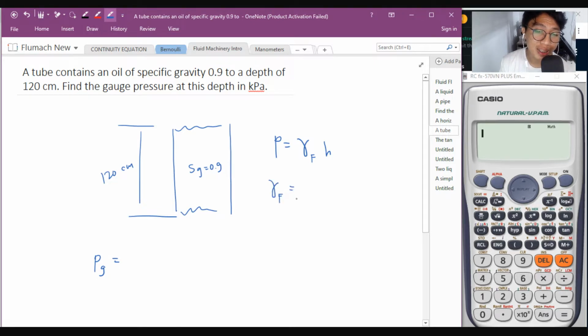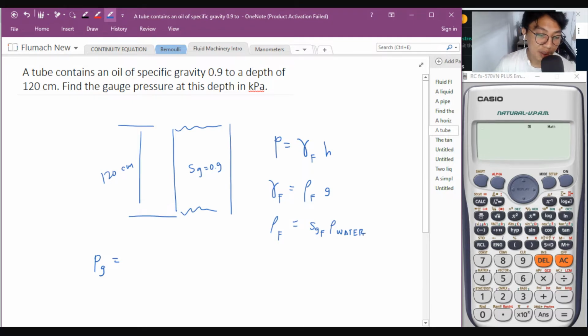Iko-consider mo yung density ng water kasi given yung SG. Diba? That is density of the fluid multiplied to gravity. Pero wala tayong density of the fluid. So recap, density of the fluid is equal to SG ng fluid multiplied to density ng water. Ganun lang.